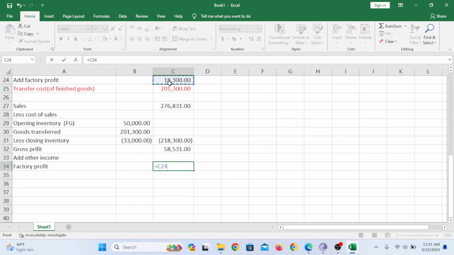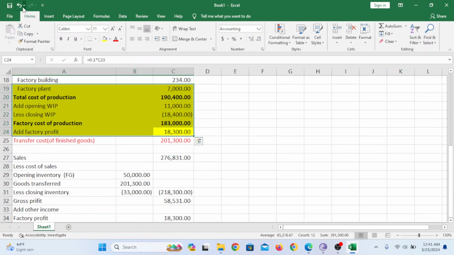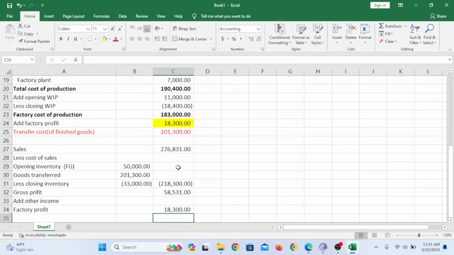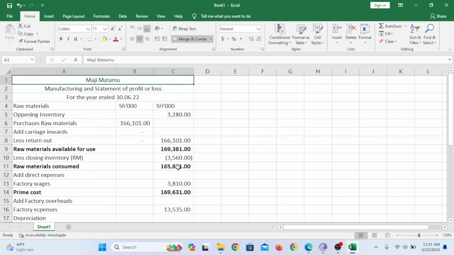That was 18,300 here, so this is the value that I brought as factory profit. Then we need to look at the provision for bad debt. If there is an increase, it is an expense. If there is a decrease, it is an income.